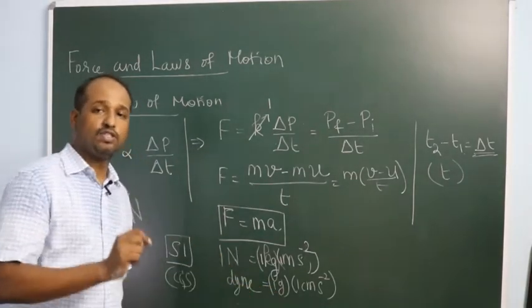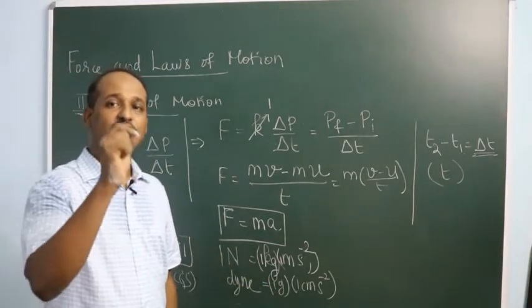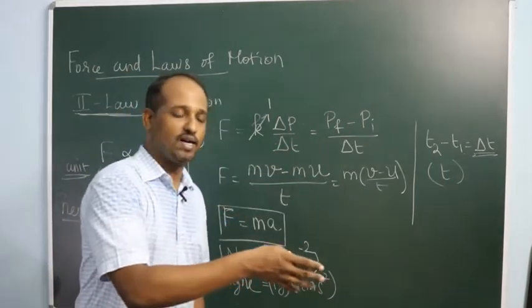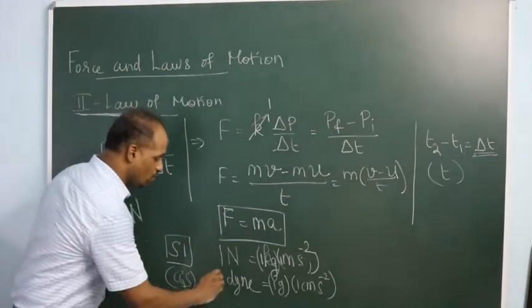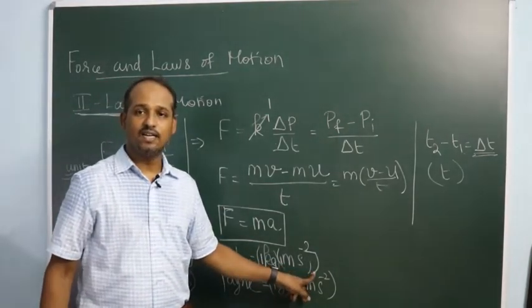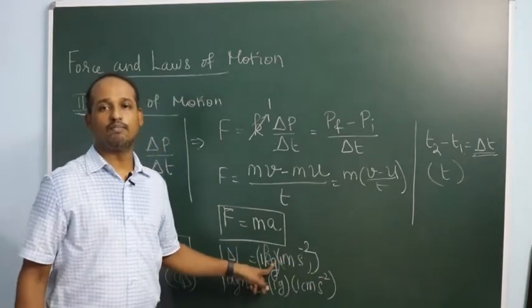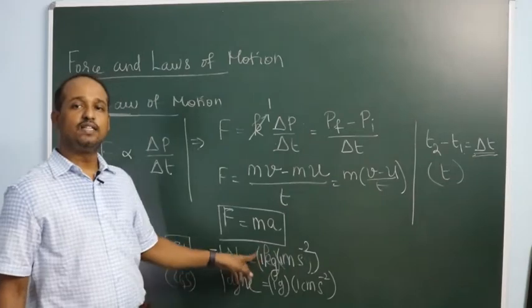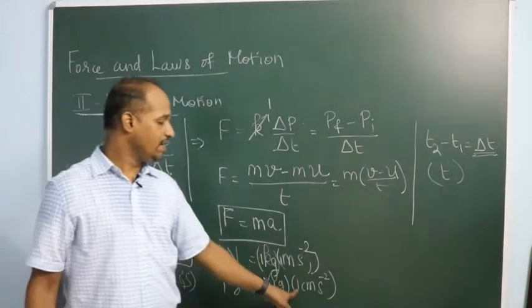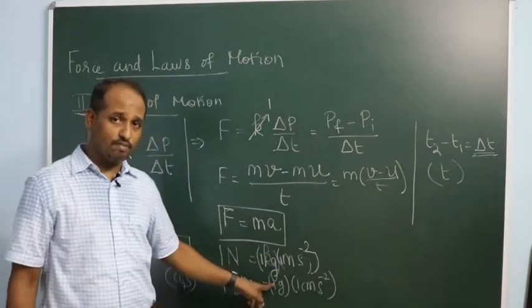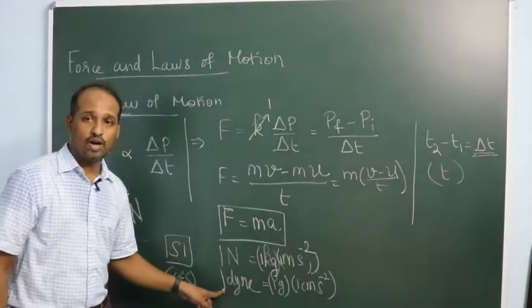If a force produces 1 centimeter per second square acceleration on 1 gram of mass, then the force is 1 dyne. If 1 meter per second square acceleration is produced on 1 kilogram of mass, then the force is 1 newton. 1 centimeter per second square acceleration produced on 1 gram of mass is equal to 1 dyne.